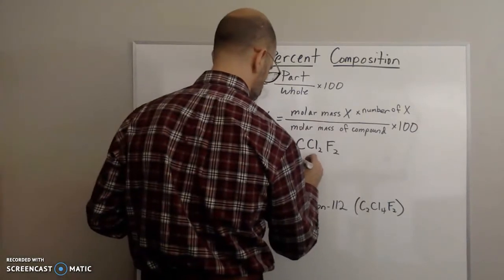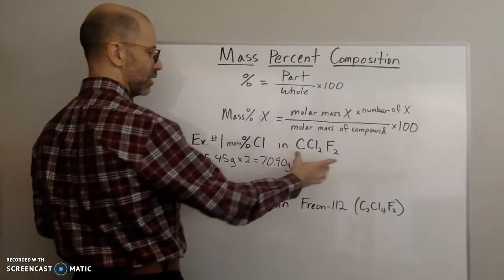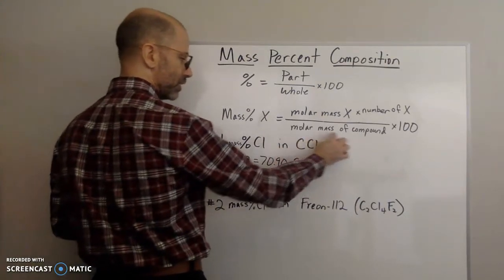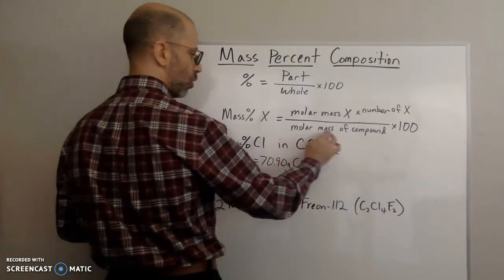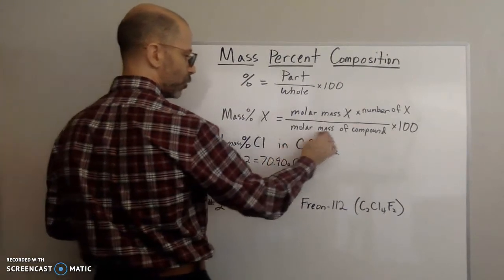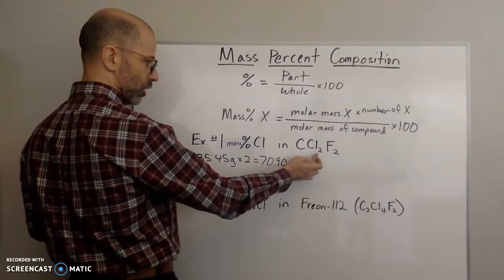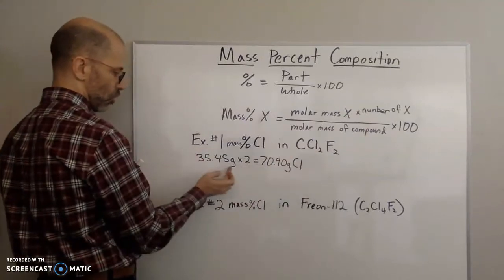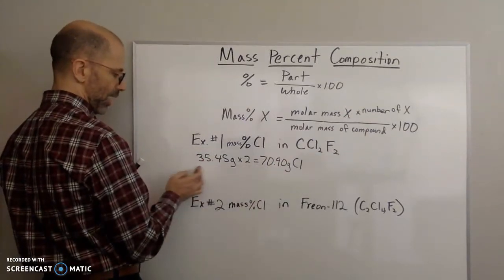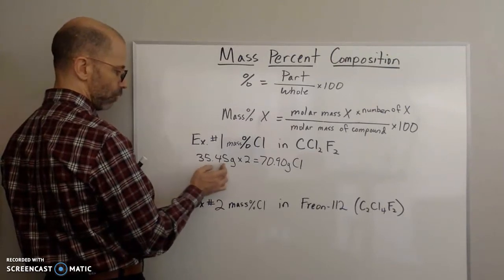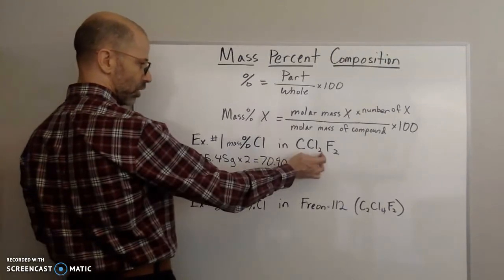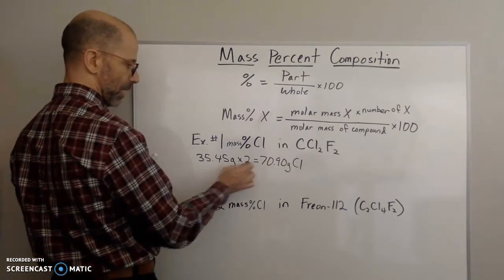So I have chlorine that is in 1 mole of this substance. So I'm always assuming 1 mole. For every 1 mole of this substance, I have 2 moles of the chlorine. So for every 1 mole, I have 35.45 grams, but I have 2 moles or 2 chlorines, right?